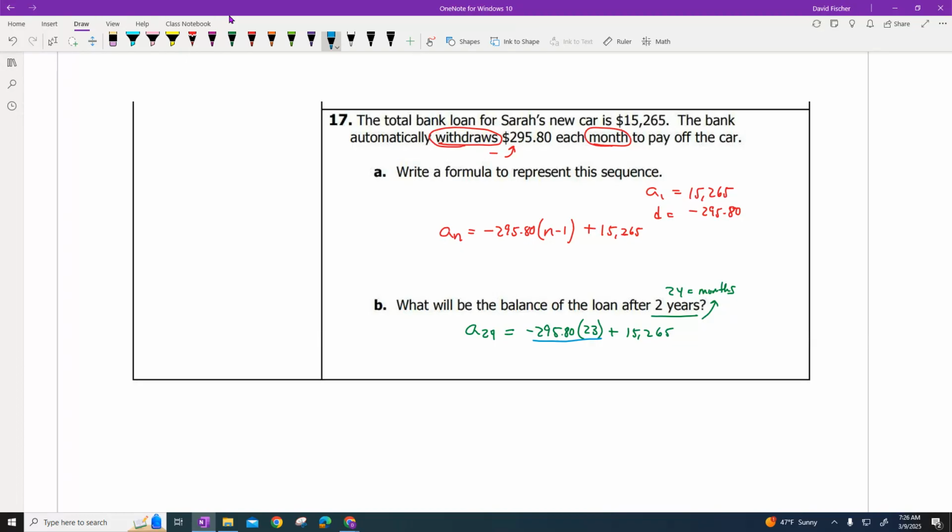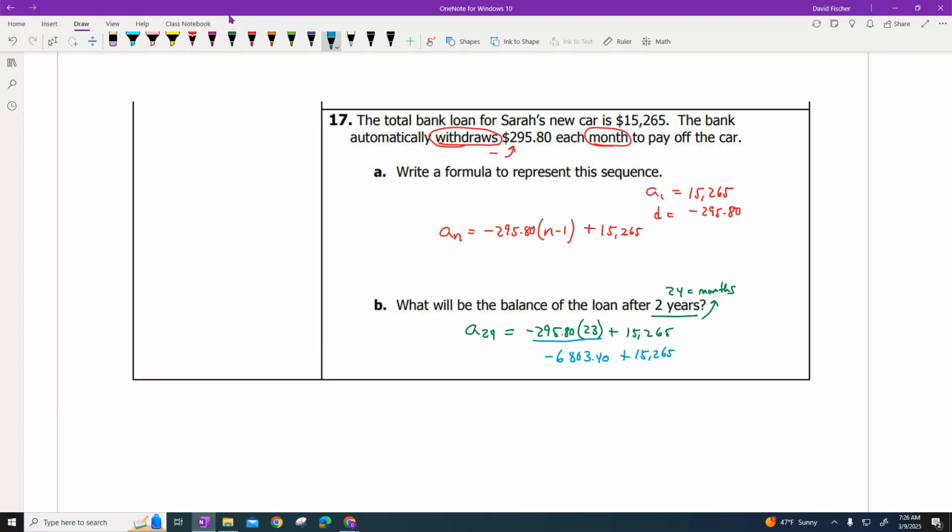That's a negative 295.80 times 23. So that's a negative $6,803.40 plus 15,265. This number's already in my calculator, so all I'm just going to do is hit 15,265.